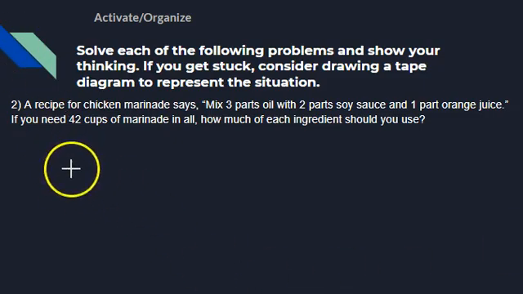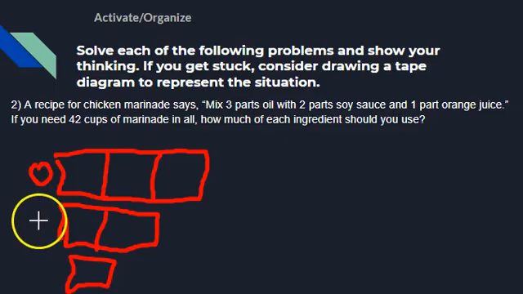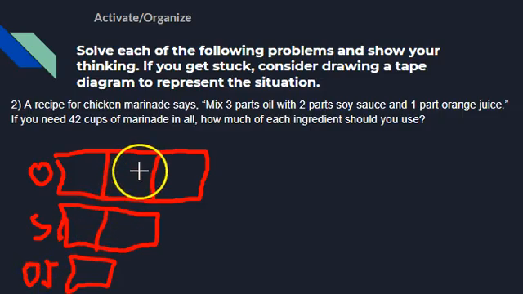Okay, well, to get your answer, let me draw my parts. So I got my oil, I got my soy sauce, and I got my orange juice. These 3 ingredients together make one whole marinade, which I have 3, 2, and 1.